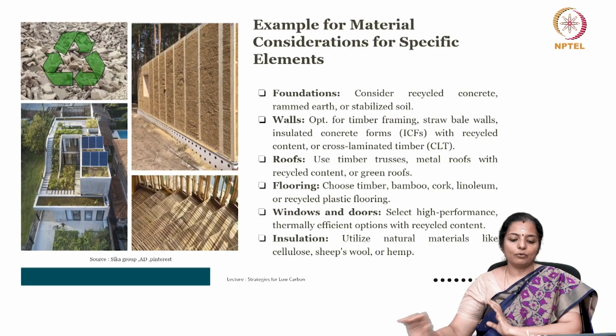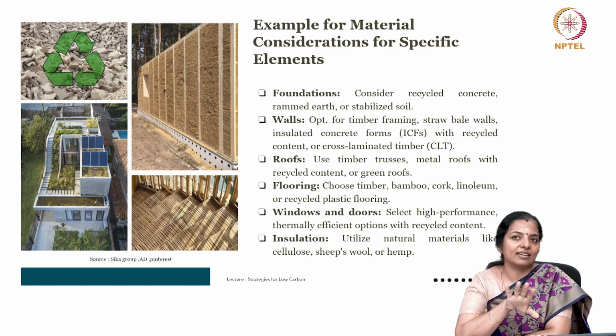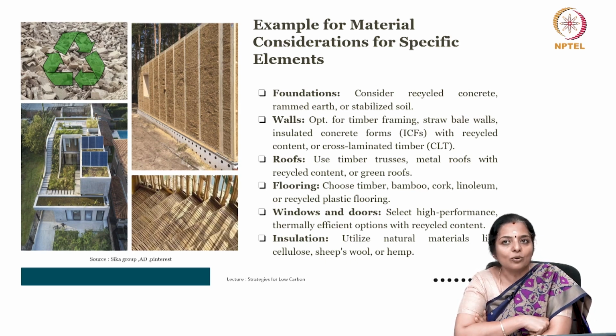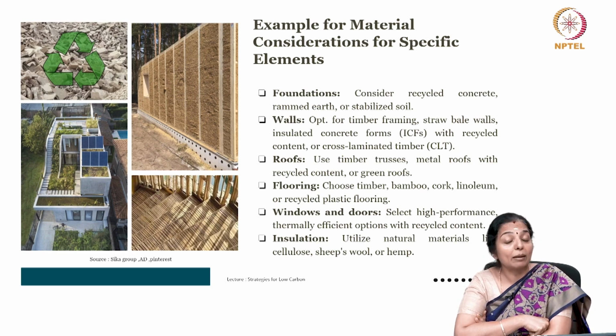Now, examples for material considerations for specific elements. These are very generic specifications that I am telling you. When you have to build a foundation, try to consider recycled concrete or used rammed earth, or used stabilized soil.